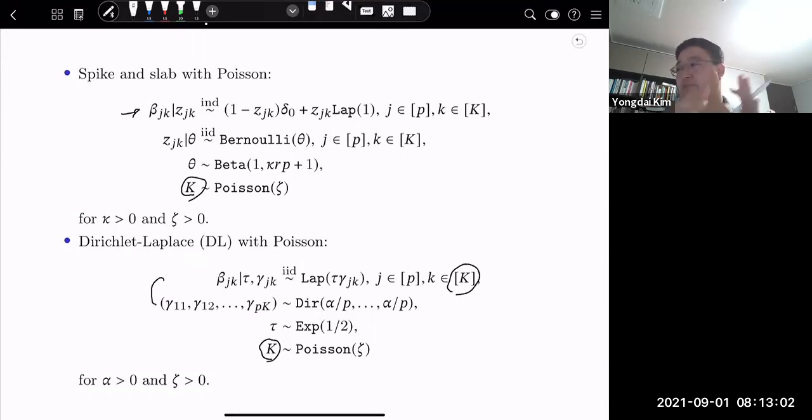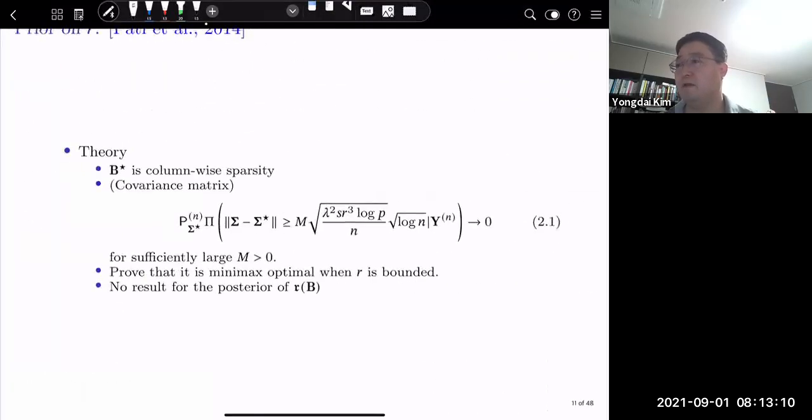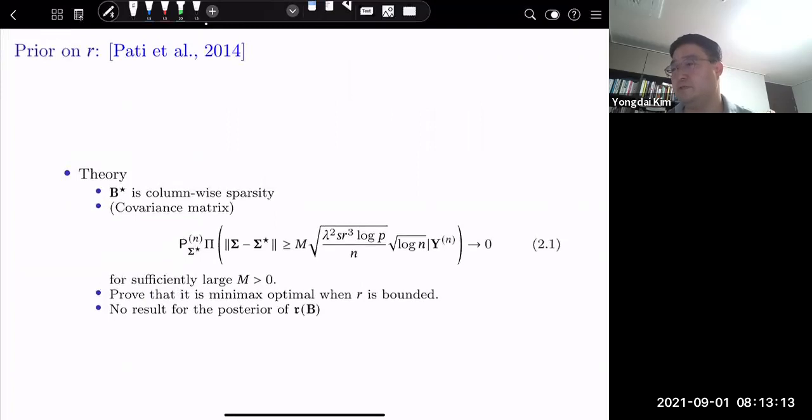So they have sparsity, and also they have priors on the factor dimensionality. They also prove some theoretical results. In particular, they derive the posterior contraction rate when the true factor loading matrix is column-wise sparse. And there, the posterior contraction rate is minimax optimal when R is bounded. But they do not study the posterior distribution of the factor dimensionality, and I don't think it is consistent.